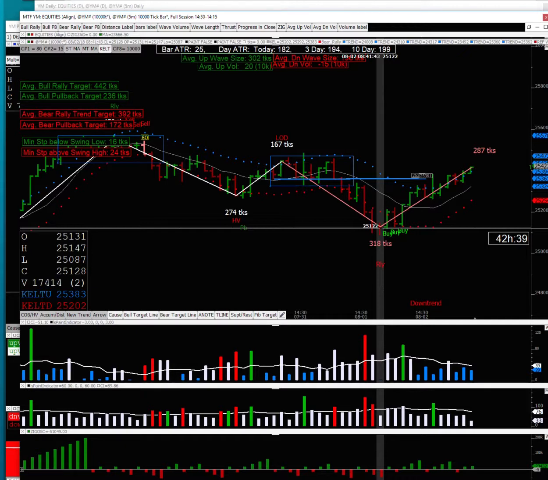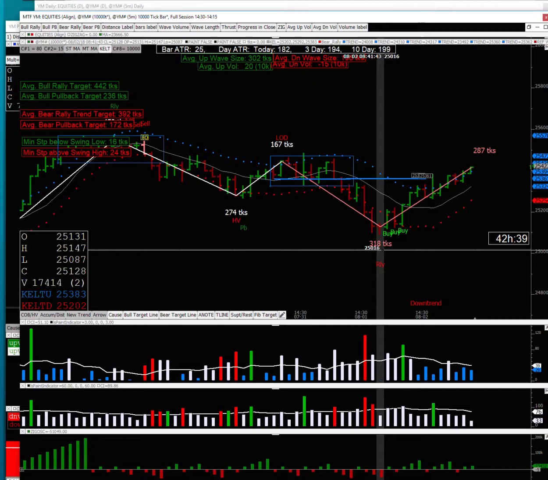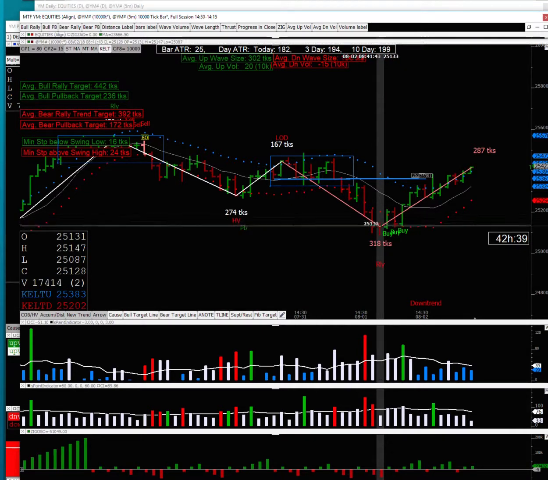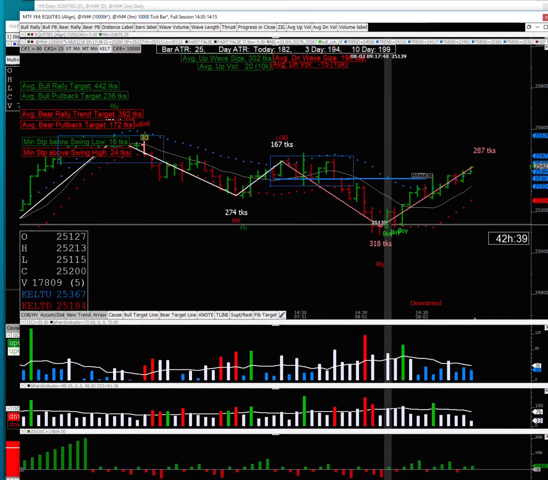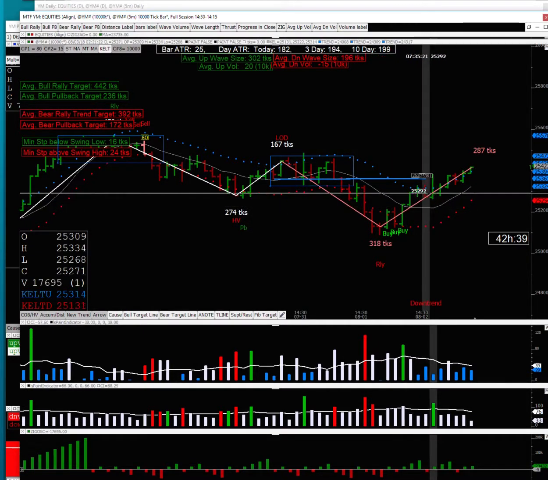If demand is stronger than supply, market price will go up. Demand and supply can be gauged by volume. And here we see that heavy volume coming in. So what does that mean? That means demand is stronger than supply and price goes up.